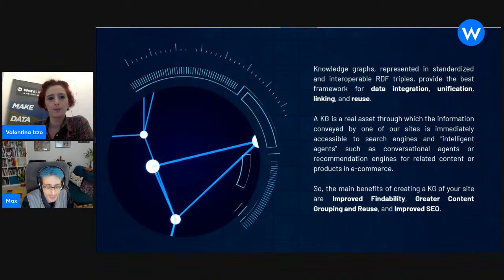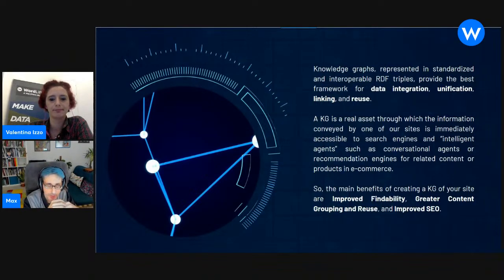A knowledge graph is, in this sense, a real asset for our companies or sites, through which the information conveyed by one of our sites is immediately accessible to search engines, including the internal search engines, and also intelligent agents.